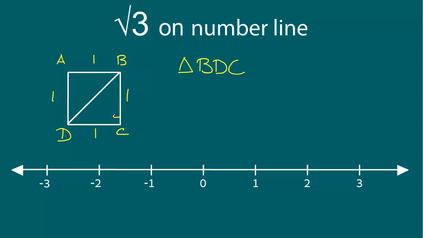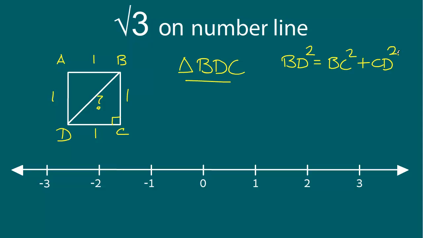So now we know this is a right triangle. Why? Because angle C is 90 degrees. It's a square, right? So this is a right triangle, BDC. So the side BC is 1 and side DC or CD is 1. So what can we tell about the length BD? Well, we know from Pythagoras theorem that BD square will be equal to BC square plus CD square.